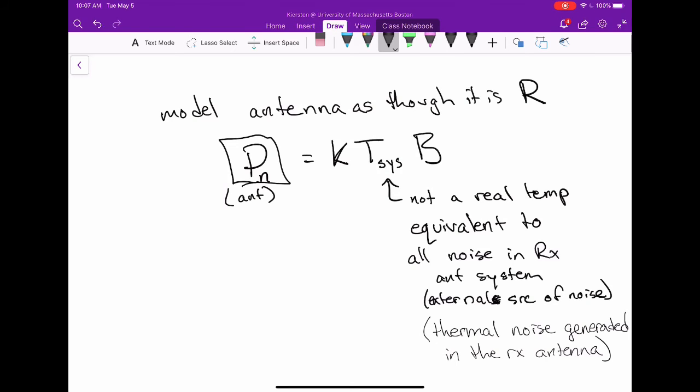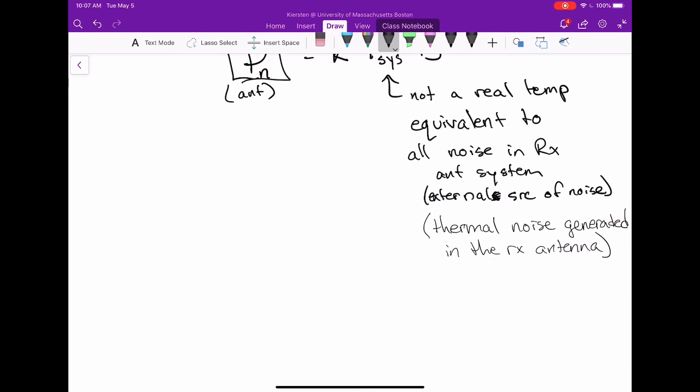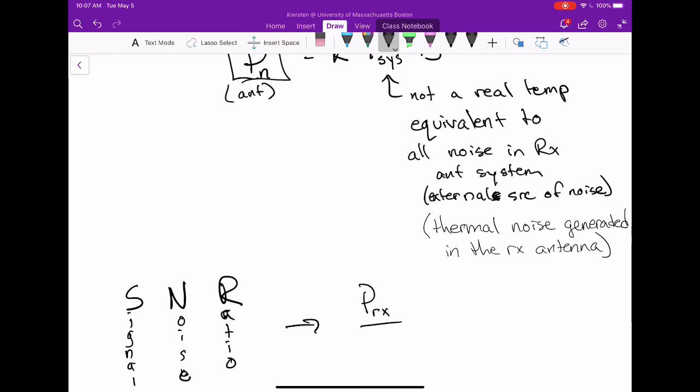What do we do with that information? We figure out the signal to noise ratio. And that is the receive power of your signal divided by the noise power at the receiver.